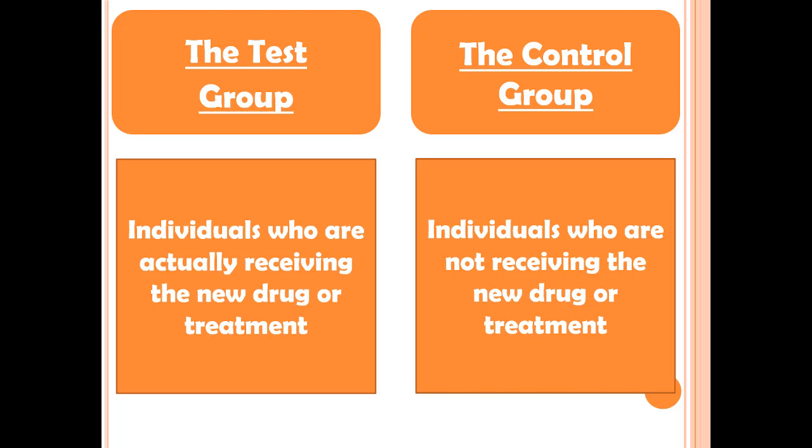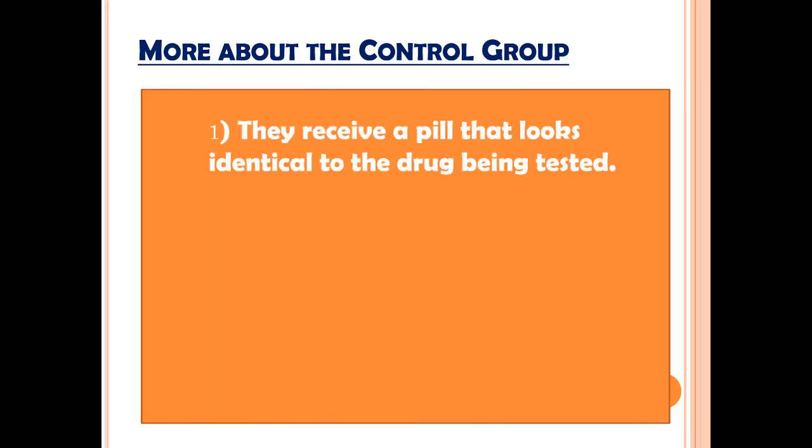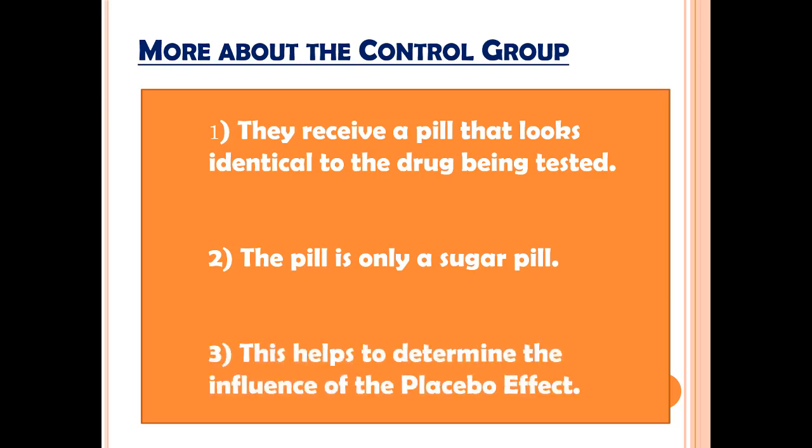So for instance, if we're giving everybody a pill in the test group, we're also giving everybody in the control group a pill. So they're going to receive a pill that looks identical to the drug that's being tested. That pill that they're going to get is only a sugar pill. And this helps determine the influence of the placebo effect.